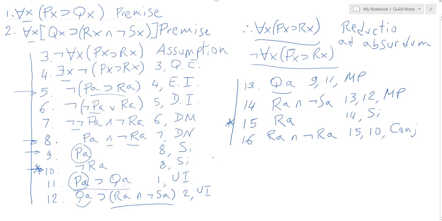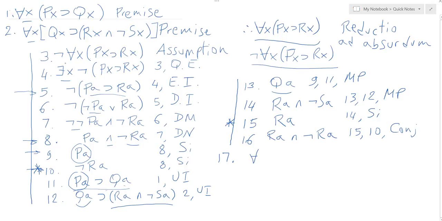So on line 17, you can enter the conclusion. We showed that not for all x, if p of x, then r of x is impossible. So since it's either not for all x, if px, then rx, or for all x, if px, then rx, a statement or its negation is true.